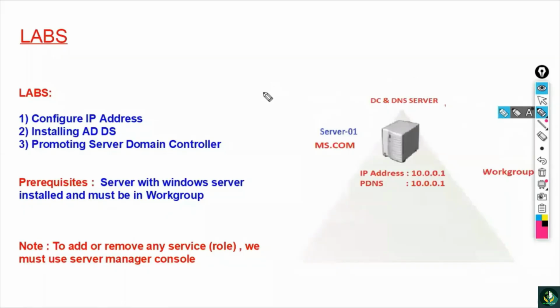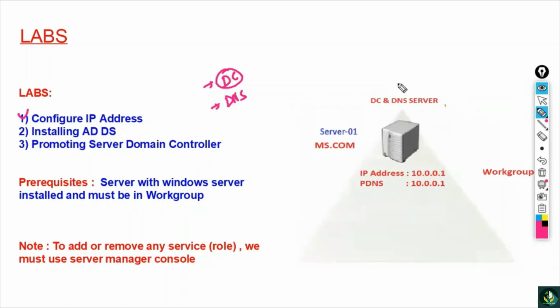So we'll configure the domain controller. Guys, you need to remember one point here: when you configure the domain controller, the DNS service gets installed automatically. To configure the domain controller, we need to configure the IP address. And where will you configure the IP address? We have already created one virtual machine.